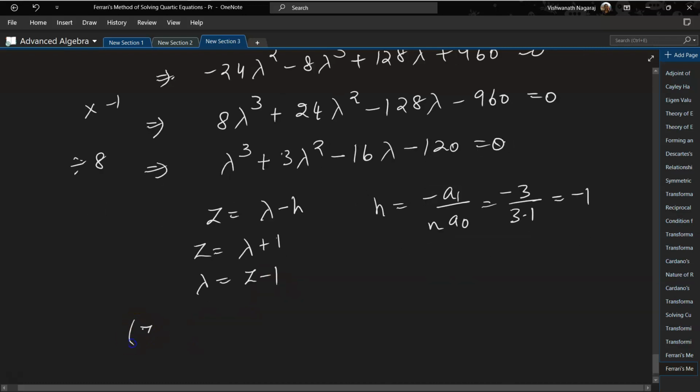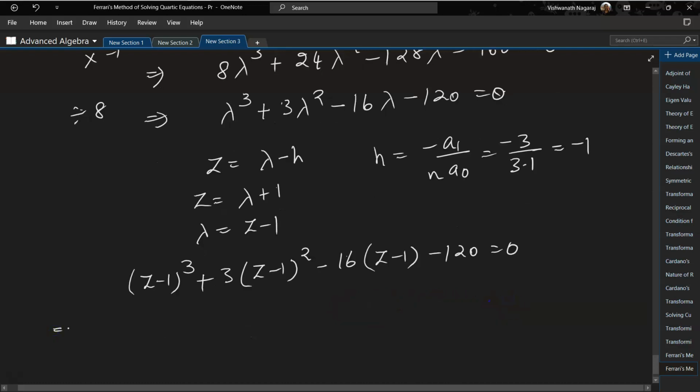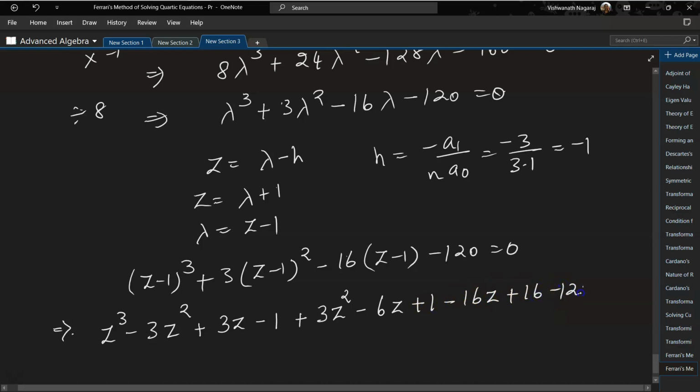Okay, so we will have (z − 1)³ + 3 times (z − 1)² − 16 times (z − 1) − 120 equal to 0.